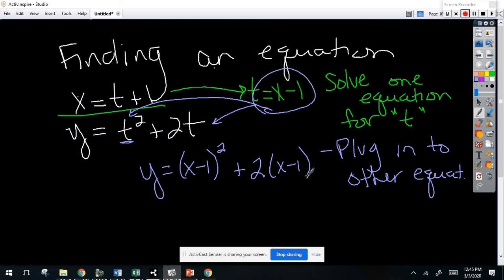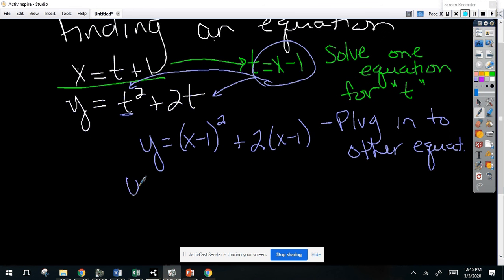Looks a little like composition, doesn't it? So I want to expand this out. I can't distribute that exponent. What do I have to do? FOIL, that's exactly right. So I have x minus 1, x minus 1.